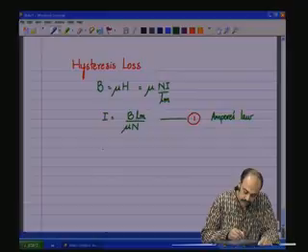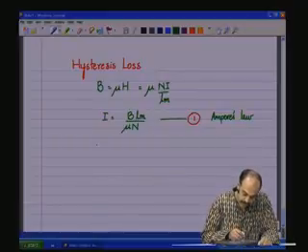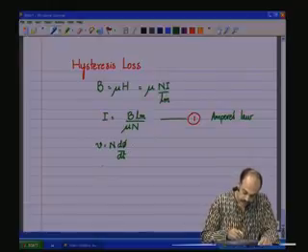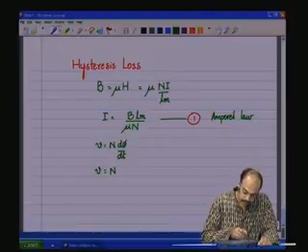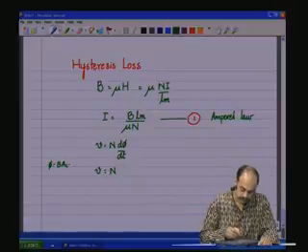Another equation is a result of Faraday's law. We have V is equal to N d phi by dt. Now, phi is nothing but B AC, isn't it?